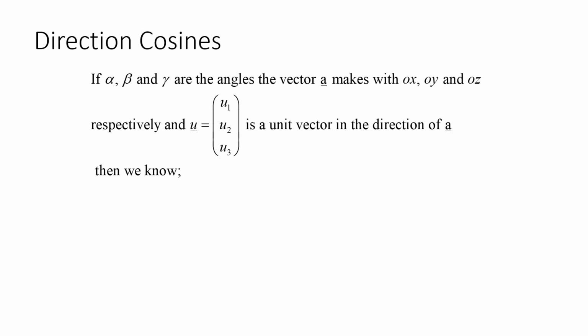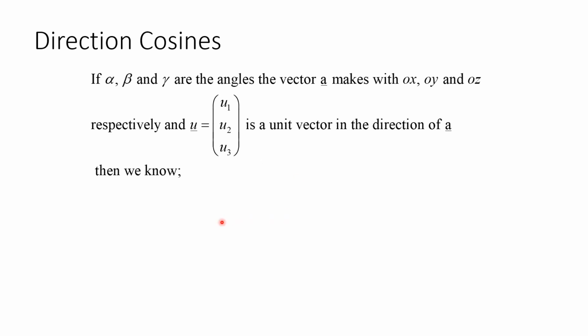By definition, say alpha, beta, and gamma are the angles a vector A makes with the x-axis, y-axis, and z-axis respectively, and u, which is another vector, is a unit vector in the direction of A. So there are two vectors involved here: A, which has angles alpha, beta, and gamma to the axes x, y, and z respectively, and vector u, which is a unit vector in the direction of the vector A.